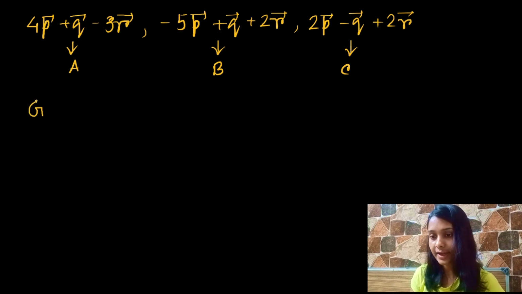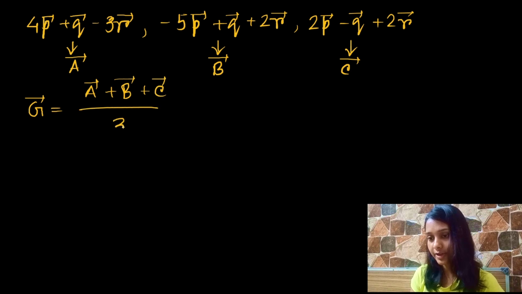So from here we can obtain the centroid, which is G, the position vector of the centroid. So A plus B plus C divided by 3. We will sum these and divide by 3.